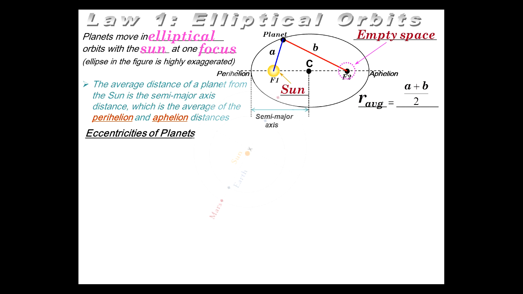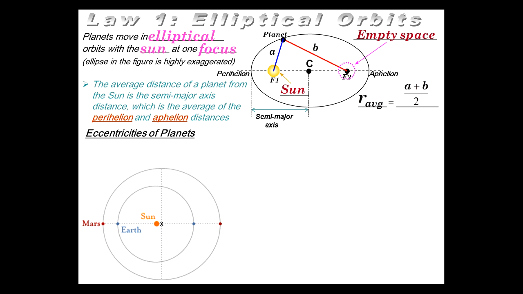Now, eccentricities of the planets. Eccentricity means how off kilter. An eccentric person is someone who is what? A little off. So the eccentricities refer to how off from being circular they are. Now, the planets in our solar system in particular are almost on perfect circles.